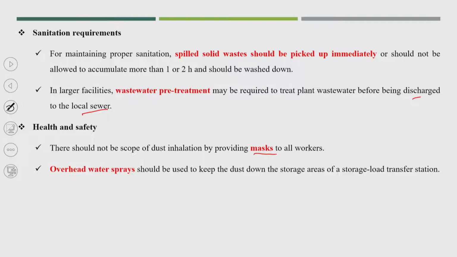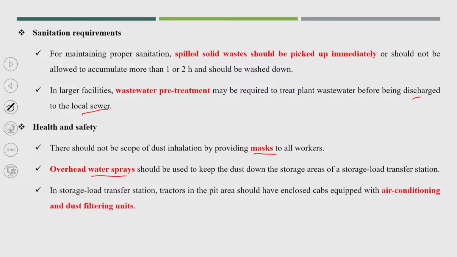Overhead water spray should be used to keep the dust down in the storage area of the storage load transfer station. So, obviously, if it is possible to have a water spray to keep the dust down, that kind of facility could be provided. In storage load operation, tractors in the pit area should have enclosed cabs equipped with air conditioning and dust filtering units.